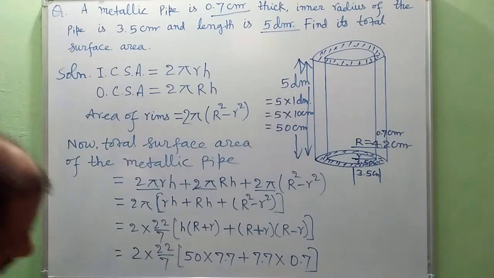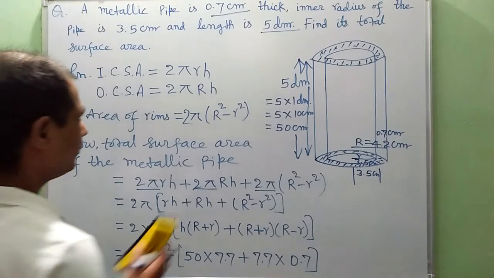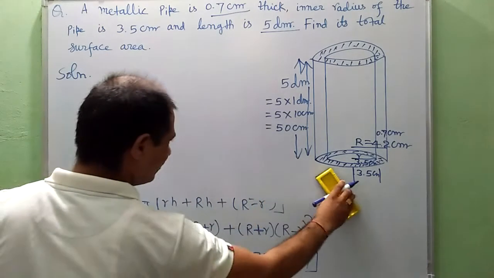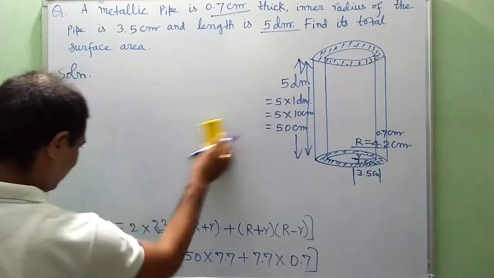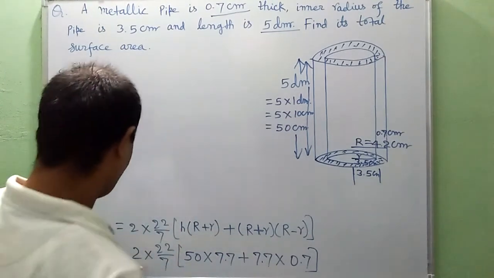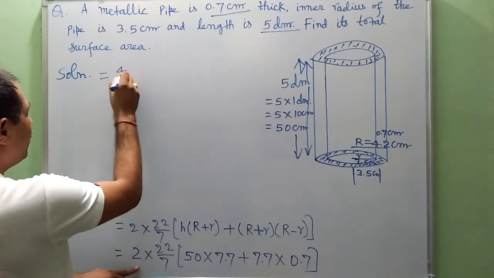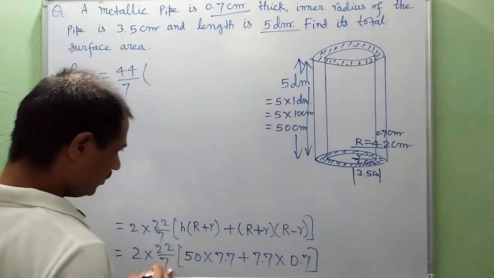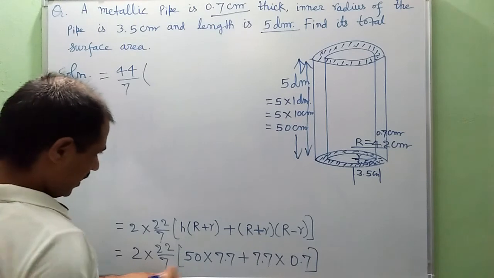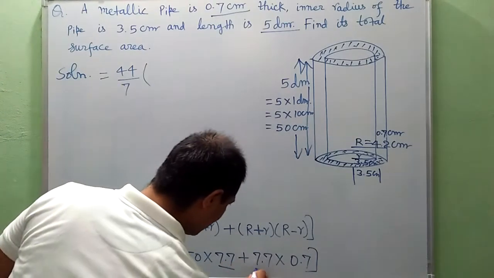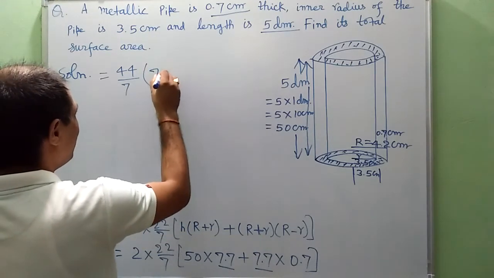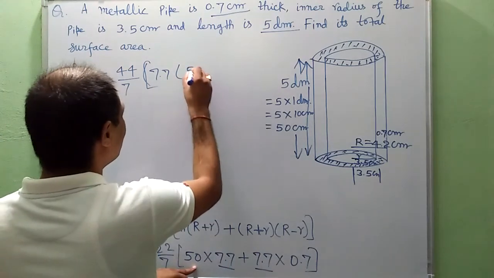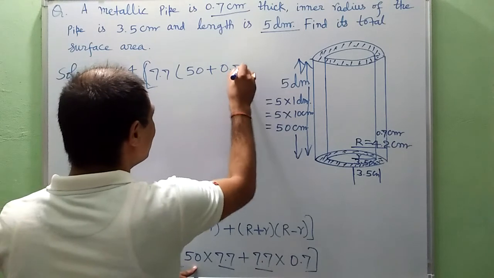We have to calculate it. It is 44 by 7 into, here we can take again common, that is 7.7, 7.7 into 50 plus 0.7.